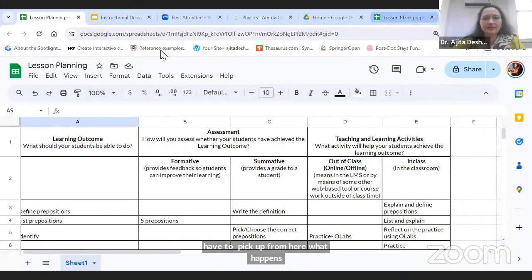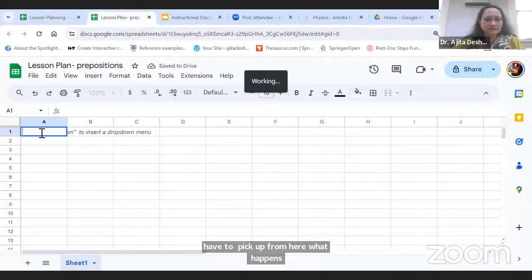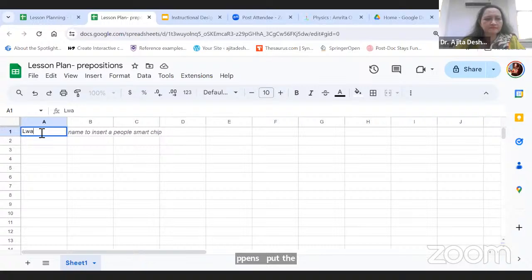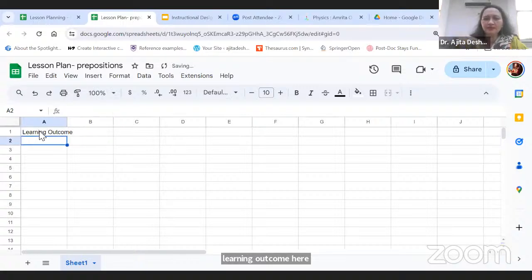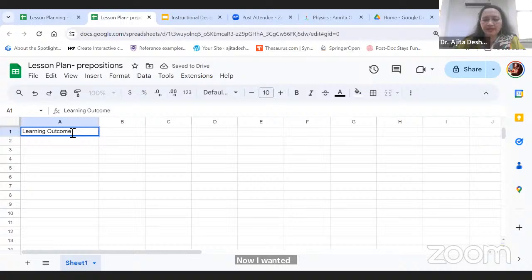Okay, so I'll just put the learning outcome here. If you press enter you will go into the next cell. Now I want it here itself. So I have typed learning outcome, and then I'm clicking alt and enter. For Google Sheets it is alt and enter. Otherwise I think it is control and enter. But I normally use Google Sheets.